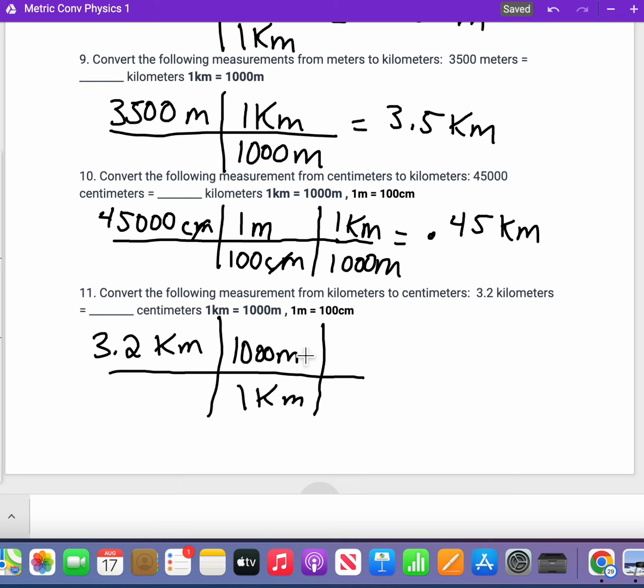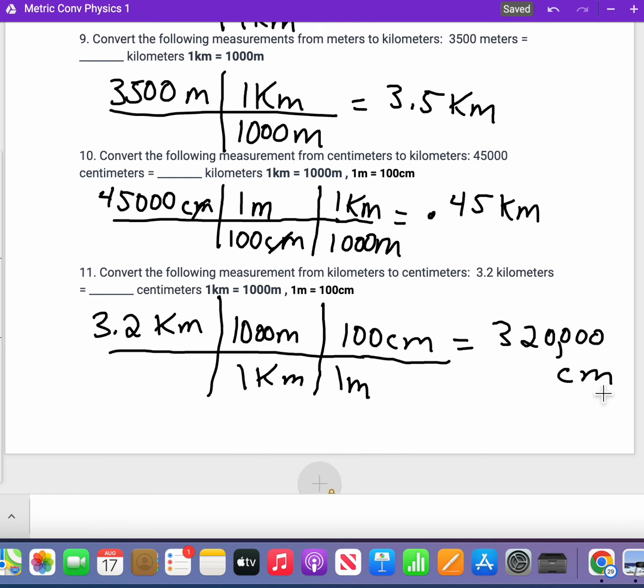All right, and so now I'm going to say 1 meter. See how the units are the same diagonally? And so 100 centimeters. So I'm going to take 3.2 times 1,000 times 100. Remember you multiply everything on the top. So that's going to equal, I think, 320,000 centimeters. Hopefully I did that right.